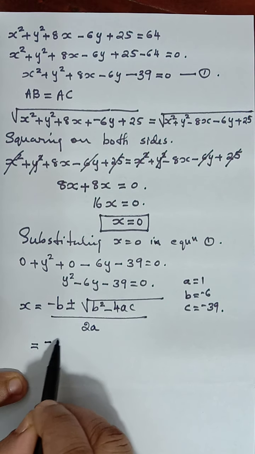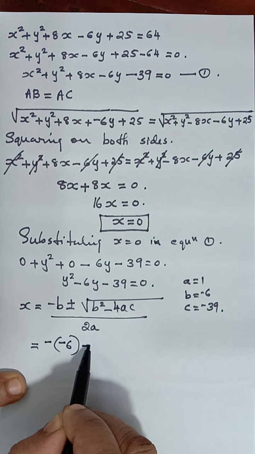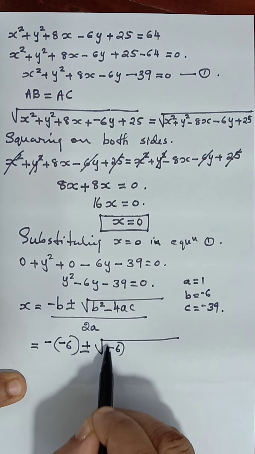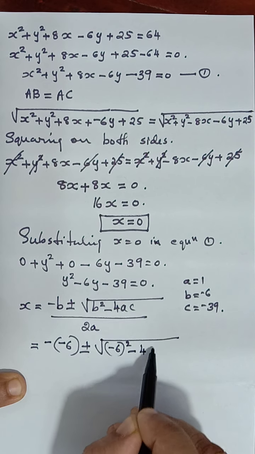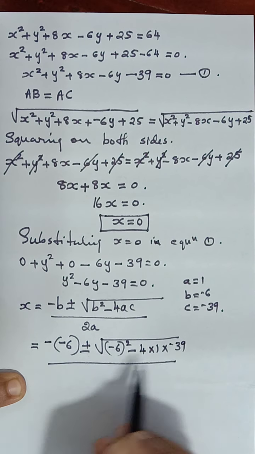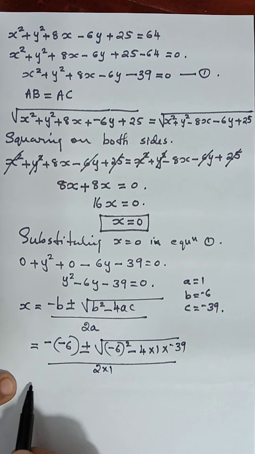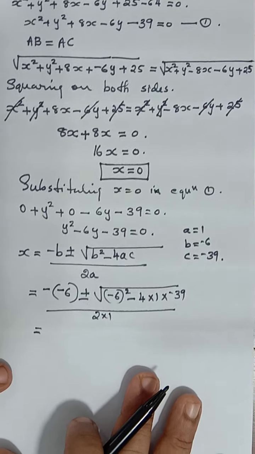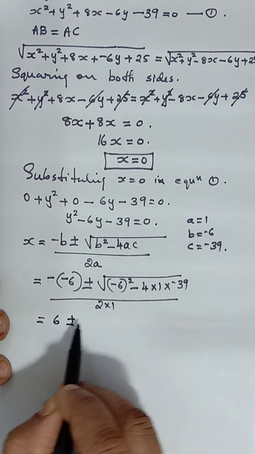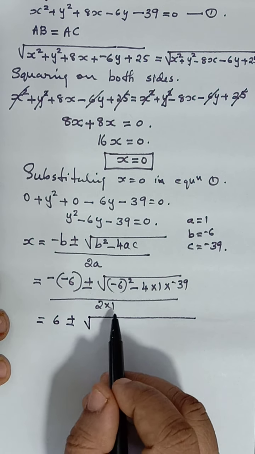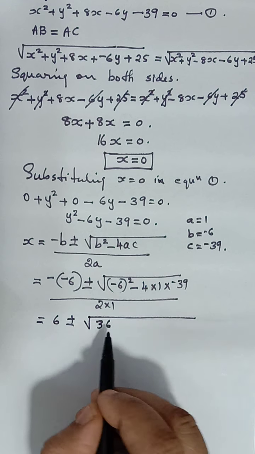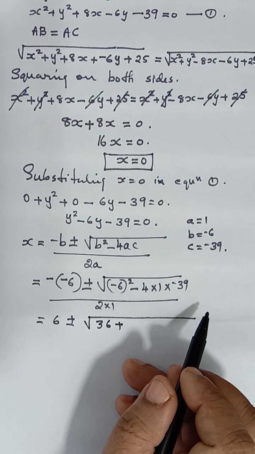So minus b is minus of minus 6, positive 6, plus or minus square root of b square, 6 square is 36, minus 4ac, minus of minus, plus 4 into 39.